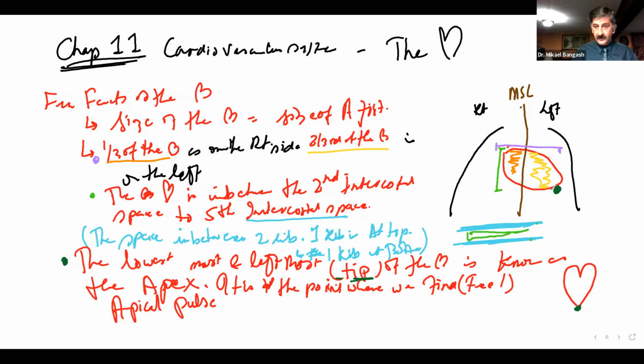We said that this lowermost tip here, which is on the left side, is what we call the apex. And where do we find it? We find what we call an apical pulse. Apical just means pertaining to the apex. Pulse is mainly just the beating of the heart.